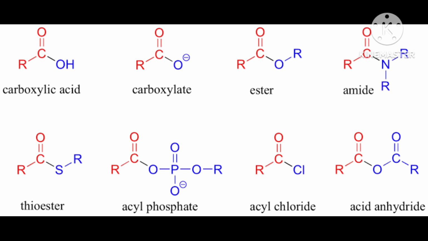Now I am telling you another example. Suppose CH2=CH2, an alkene, is there, and with the first carbon an ethyl group is attached, and with the second carbon an aldehyde group is attached.